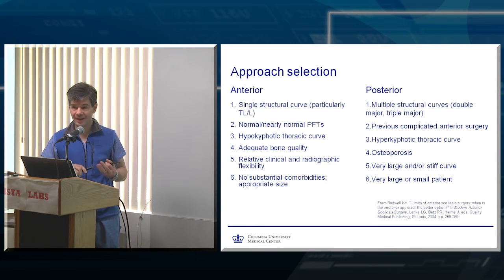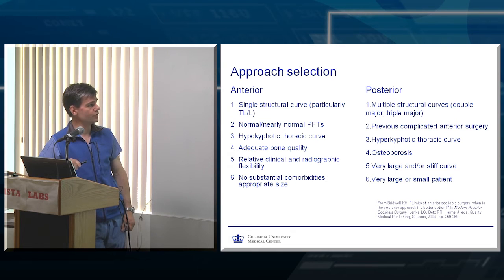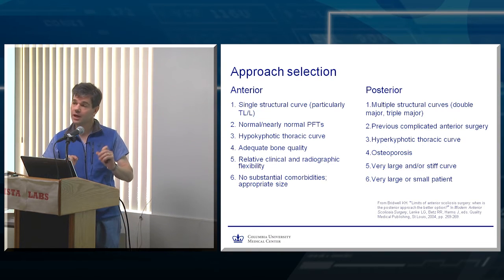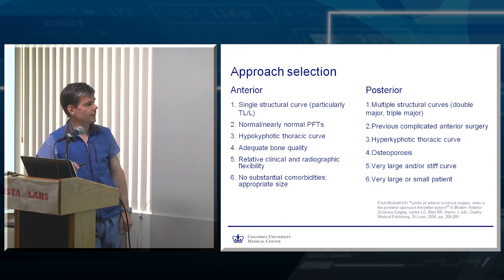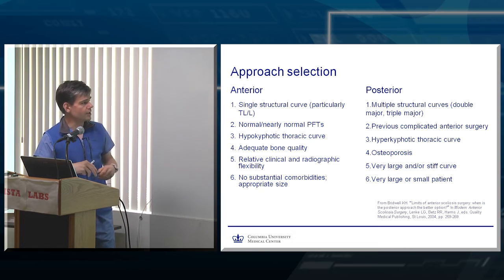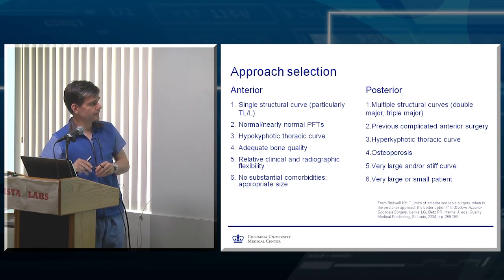In an individual patient, if we feel for some reason that we can save levels, that's when we would go anteriorly. But that's really why this has moved more and more towards the posterior, is that we can derotate these patients, probably do a better job with the clinical deformity, particularly that posterior rib hump, and therefore prefer the posterior to the anterior. But anterior is an option if there's a single structural curve, particularly these lanky 5s are nice for the anterior, stay out of the chest.